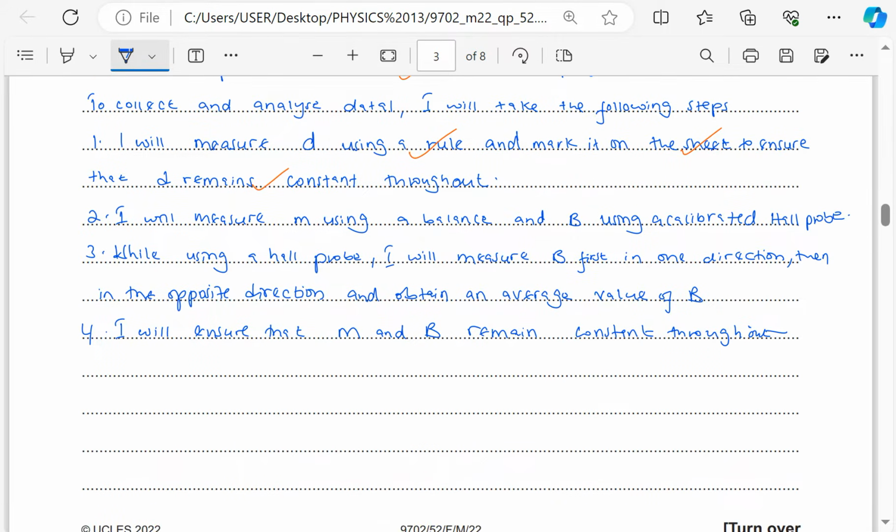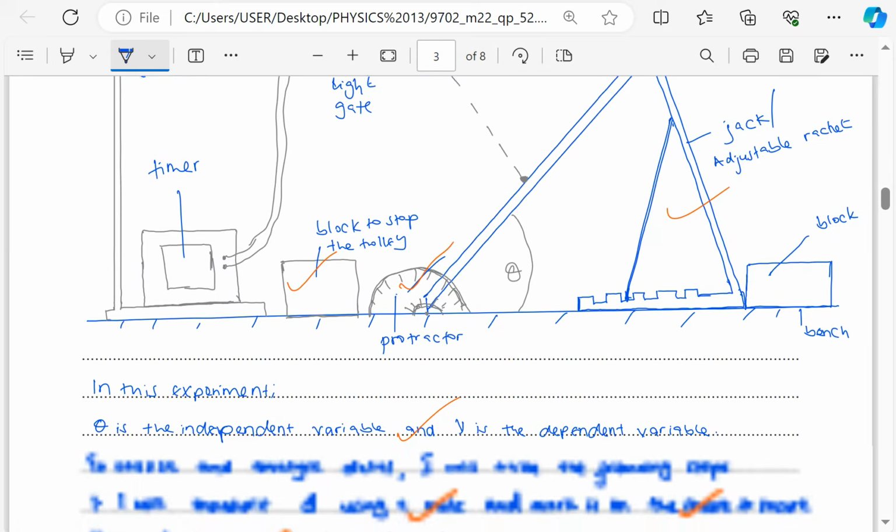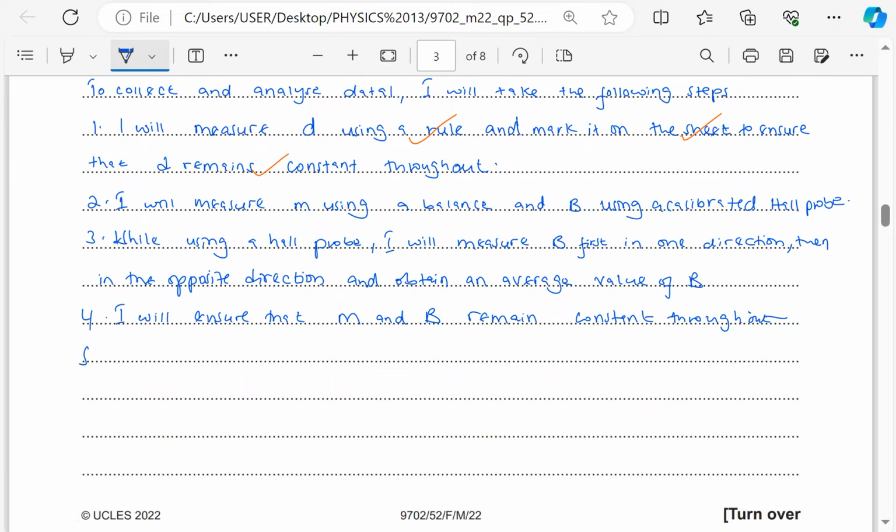Okay, then step number 5. Did I measure L, the length of the card which I've attached on the trolley? No, I will use a ruler. So I will measure the length L of the card which I've attached on the trolley.